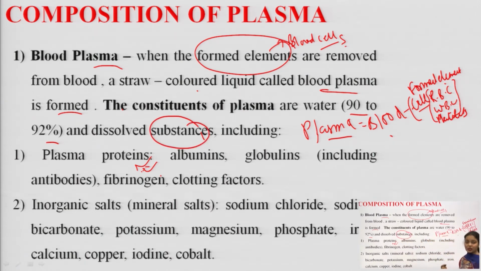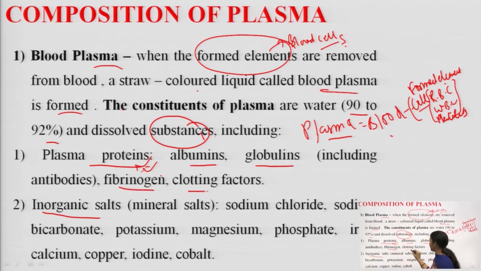Among these dissolved substances, first are the plasma proteins. Plasma proteins are too large to escape through capillary pores into the tissue. That's why they maintain the osmotic pressure of your blood. Now the second one: albumin, globulin, fibrinogen and the clotting factors are some of the plasma proteins present in your blood.